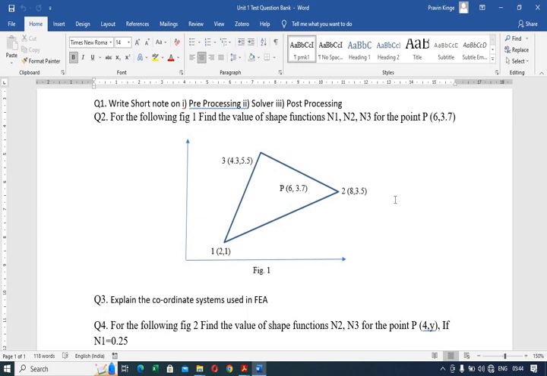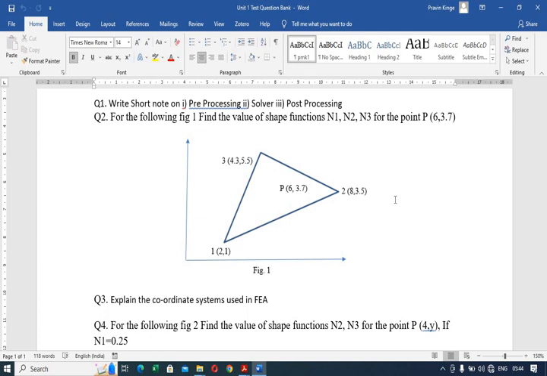So next is: for the following figure 1, find the value of shape functions n1, n2, n3 for the point P with coordinates 6, 3.7. A triangular element is shown with the node numbers 1, 2, 3 having coordinates 2, 1; 8, 3.5; and 4.3, 5.5 respectively. And inside this triangular element there is a point P with coordinates 6, 3.7.